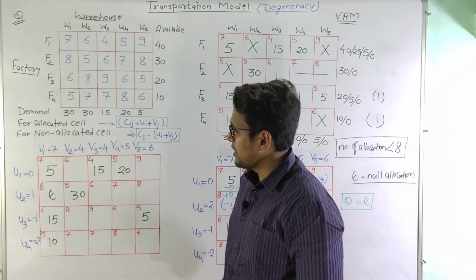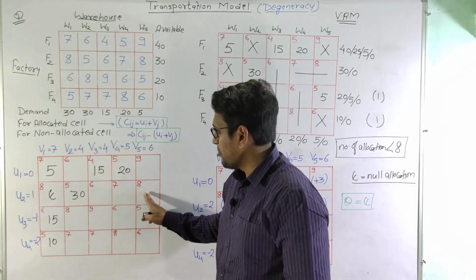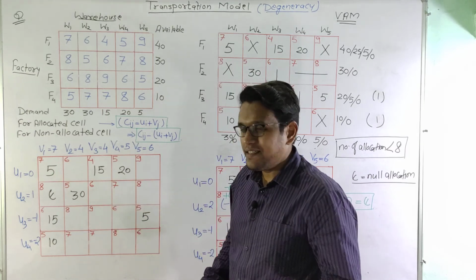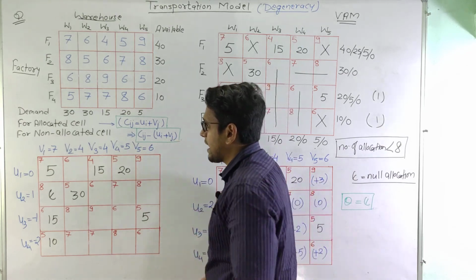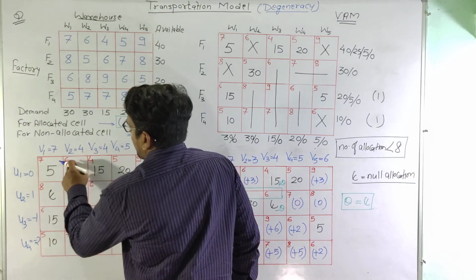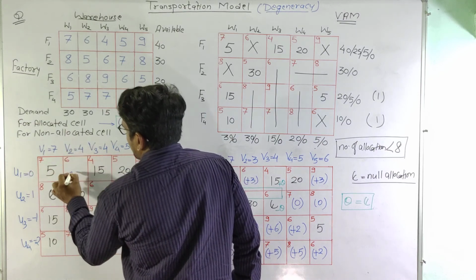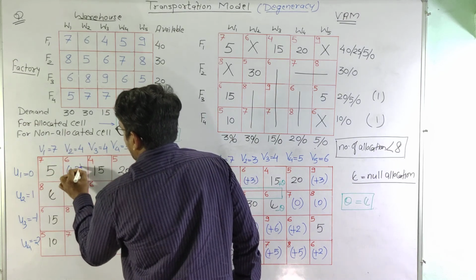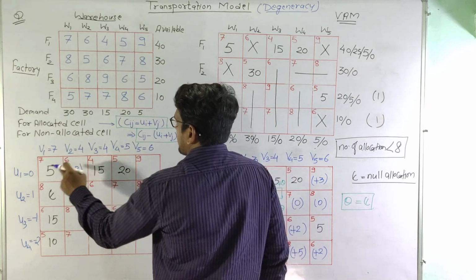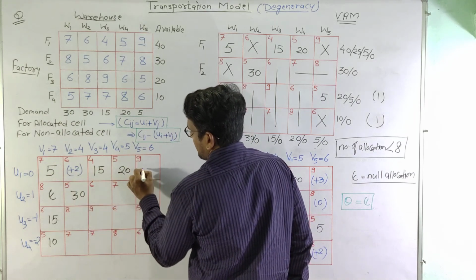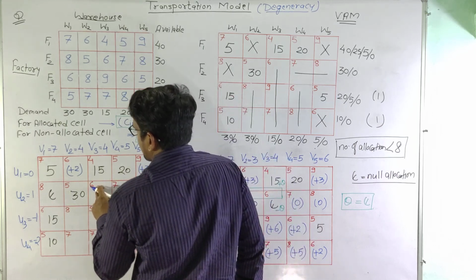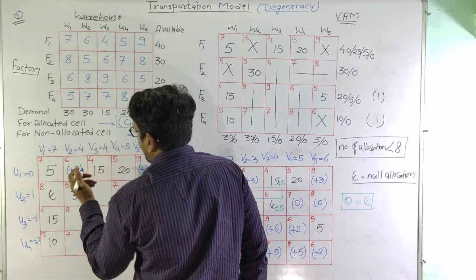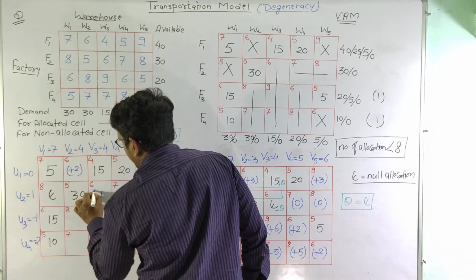Now we need to calculate the values at the non-basic cells, that means Cij minus of ui plus vj. So let us calculate. This is 6 minus of 0 plus 4, that means 6 minus 4 is plus 2. This is 9 minus 0 plus 6, that is 9 minus 6 is plus 3. Here it is 6 minus 1 plus 4, that is 6 minus 5 is plus 1.